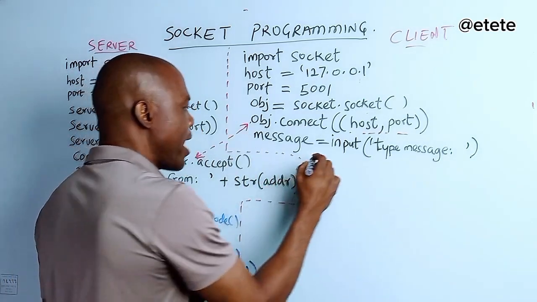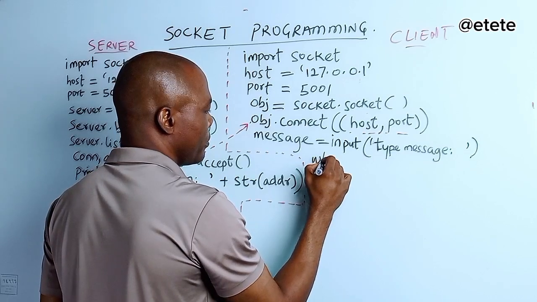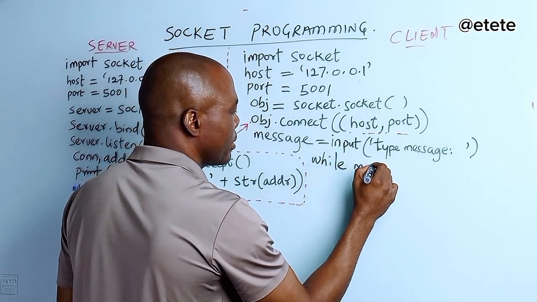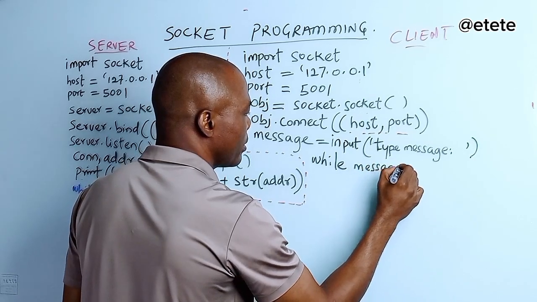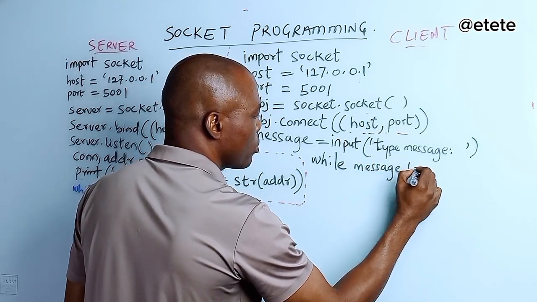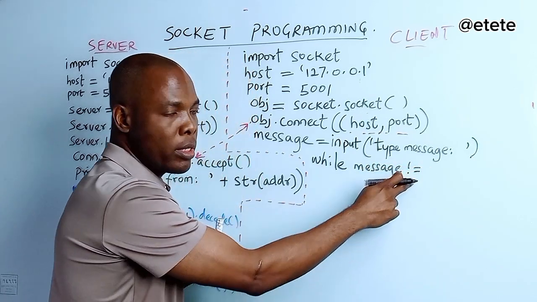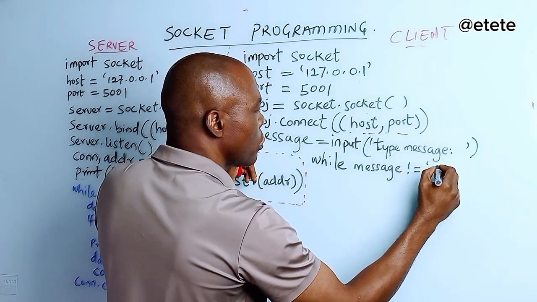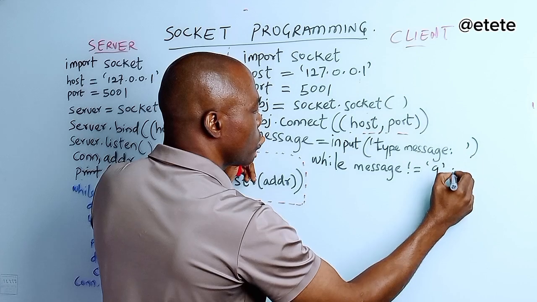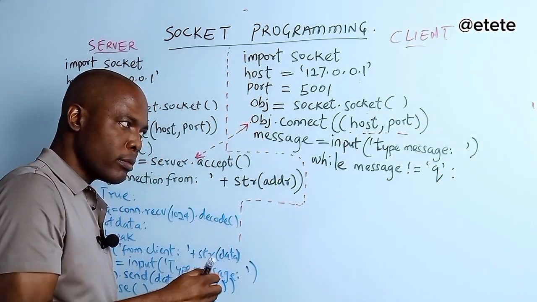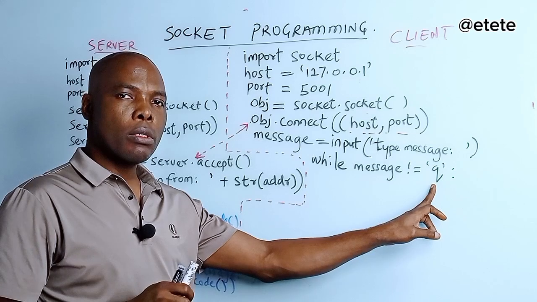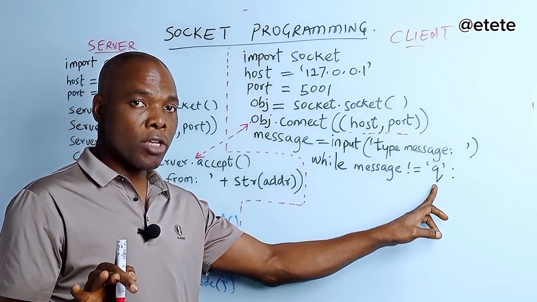So I'll say while message not equals to Q, meaning quit. As long as what I'm going to type as a client is not Q. The moment I type Q, that means I'm ending the conversation.